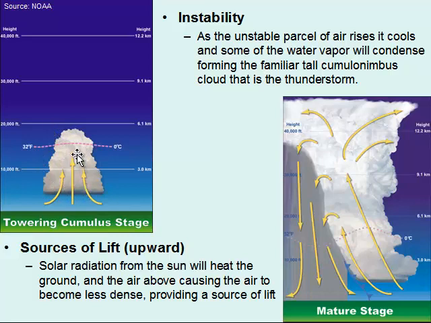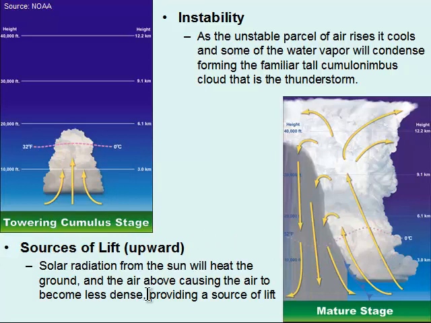As it cools, if that air parcel is still warmer than the surrounding air, it's going to continue to rise, cool, and condense, and we're eventually going to develop into the mature stage of a cumulonimbus. It's actually producing precipitation in this case, and we get this huge cloud that can develop over time in a very unstable atmosphere.